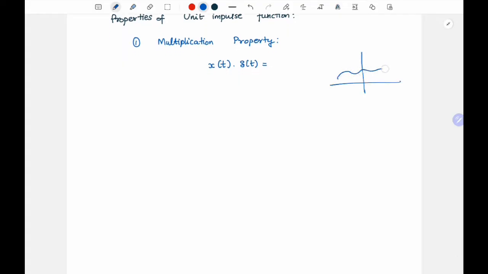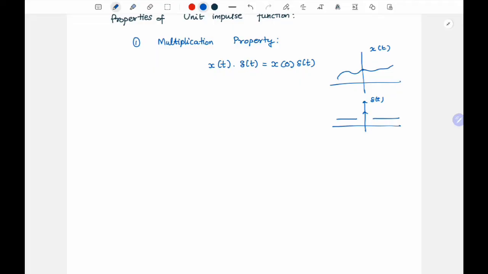Let me take some function x of t, and the delta of t is something like this. When you multiply, at every place except t equal to 0, the function is going to vanish. Only at t equal to 0 will it hold a value, and at that point it is going to be infinity. So it is equivalent to x of 0 delta of t.